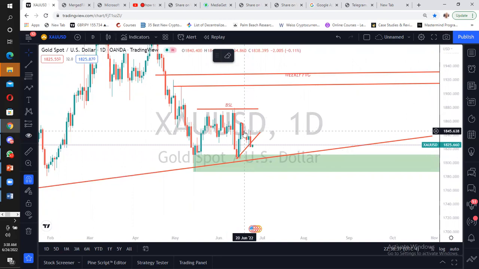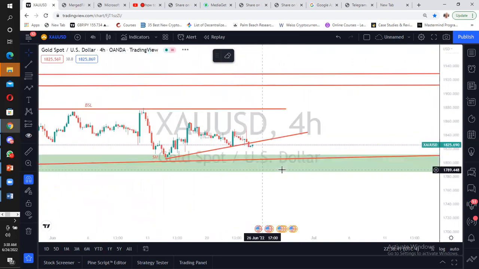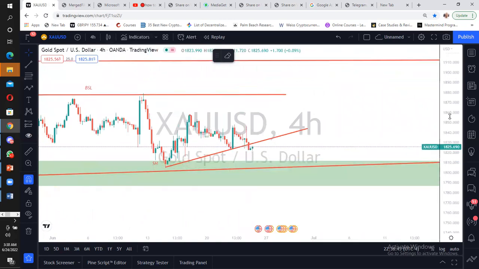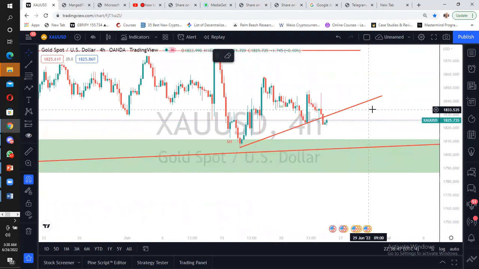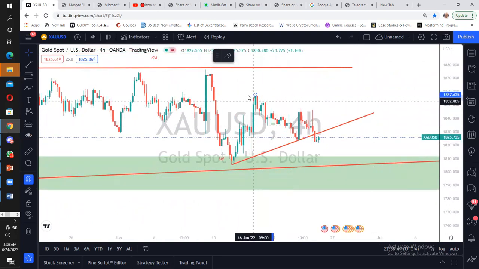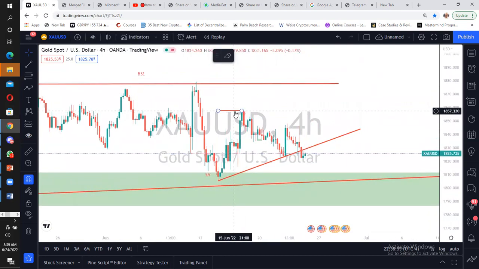Let's go straight up to 4-hour time frame. In 4 hours time frame, we've seen this level broken up here. Then after that, it's returning back to this other block here.